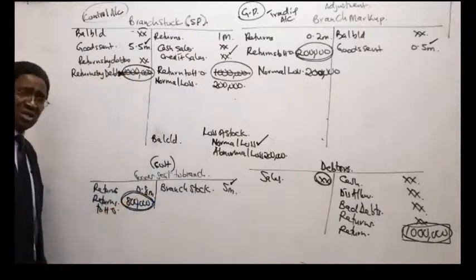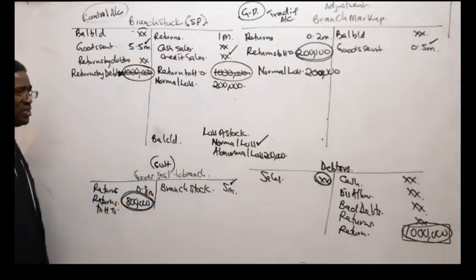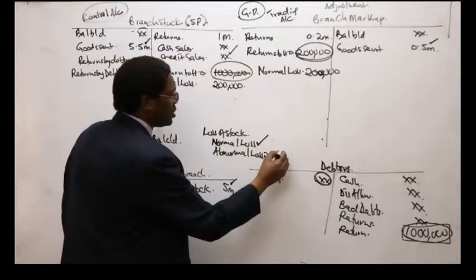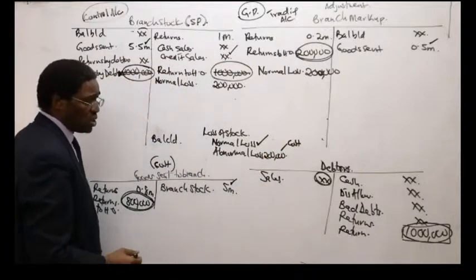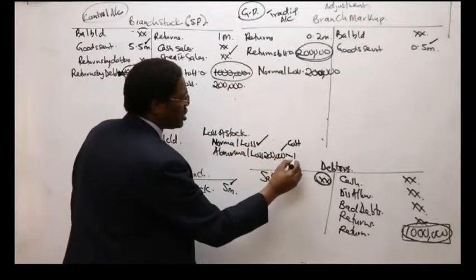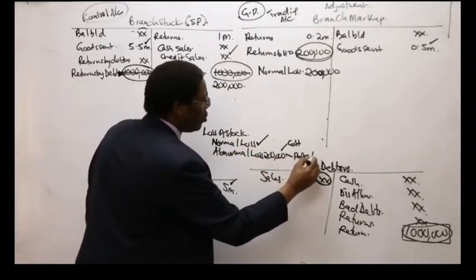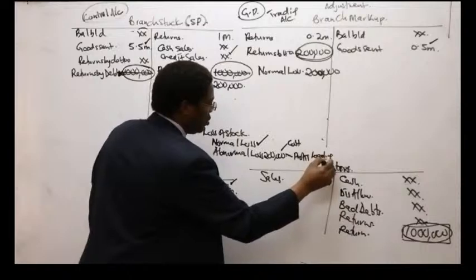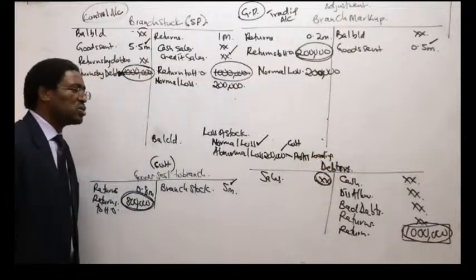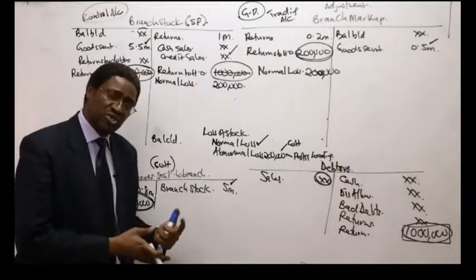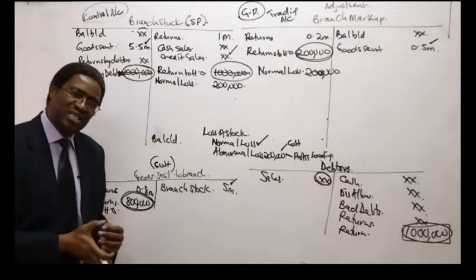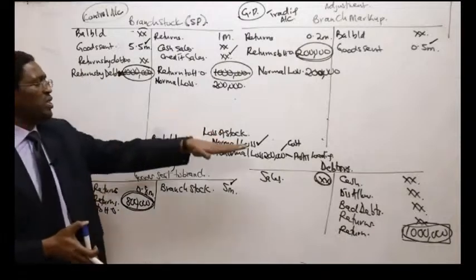From this 200,000, you will be required to find out how much of that 200,000 is the cost price of the goods, and how much is the profit loading. Why? Because if goods are stolen at the branch, then you as head office need to charge that branch, let them account for the loss or take over the loss of that stock.